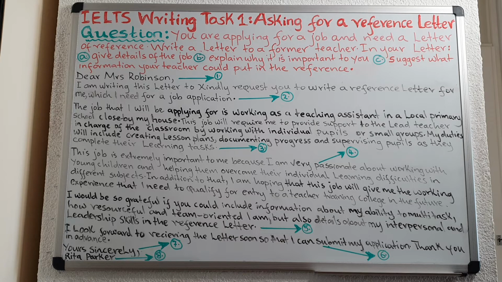Spend 3 to 5 minutes planning and then the rest of the time writing. And always leave 2 minutes to check your letter for spelling or grammar mistakes. Remember, you will need a full 40 minutes for task 2. So don't go over 20 minutes for task 1.